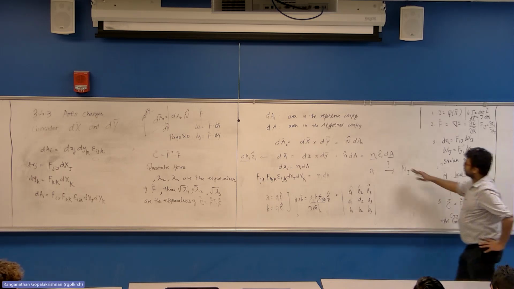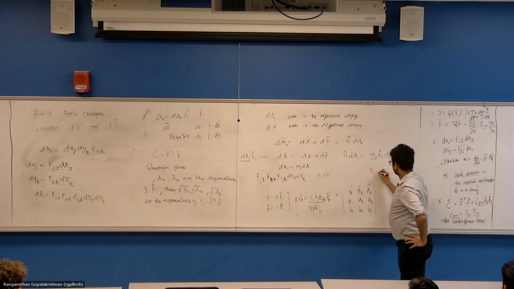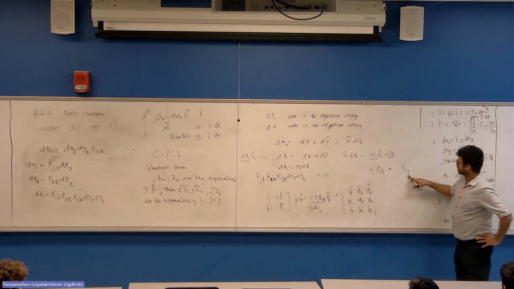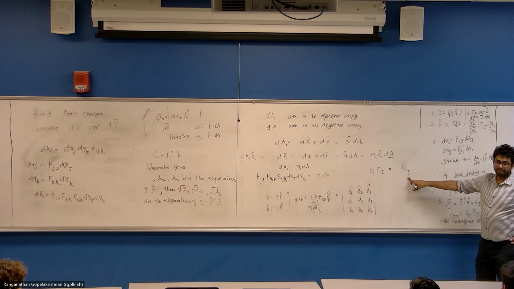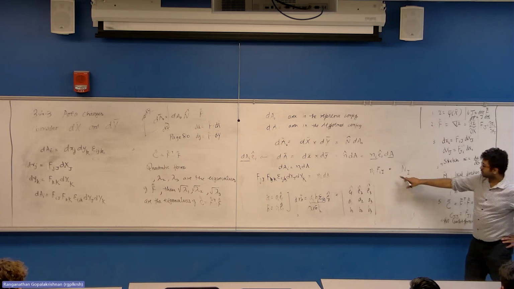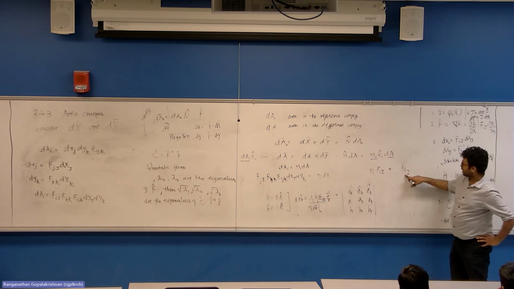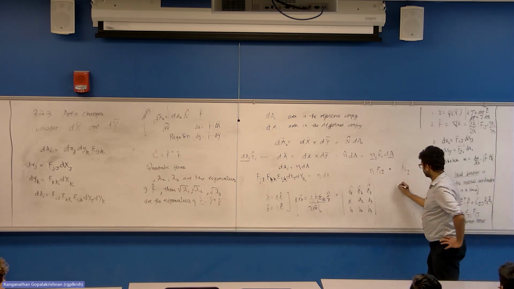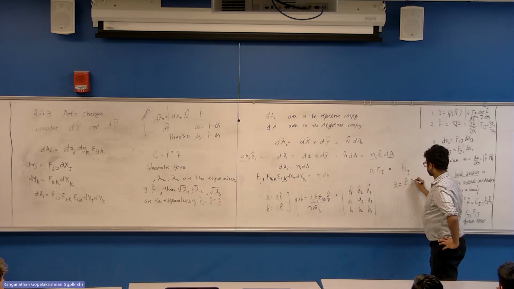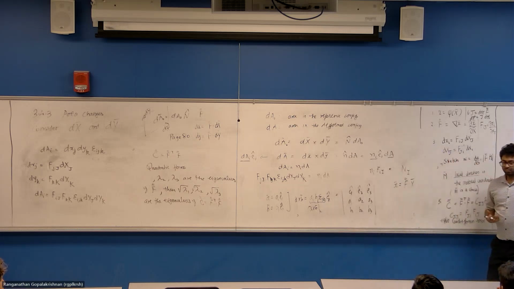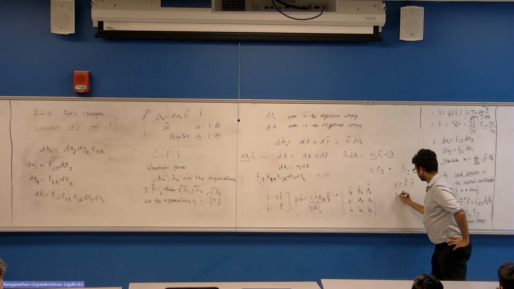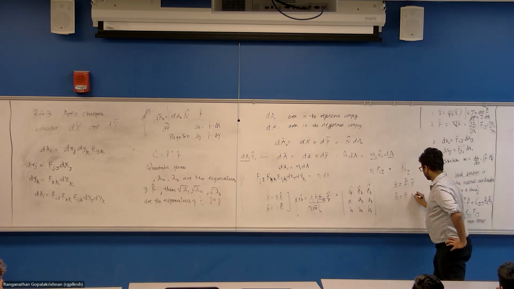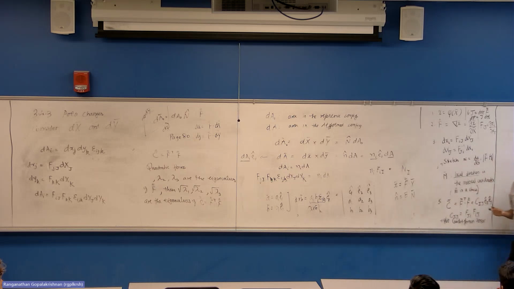If I multiply this by F_iI, wouldn't I get something that is in the material system? Because by summation, this will go away. I'll be left with the material vector. So this is essentially a transformation between, if I write x equal to F dot X, I can also write n cap is equal to F dot N. That's exactly what I'm doing.